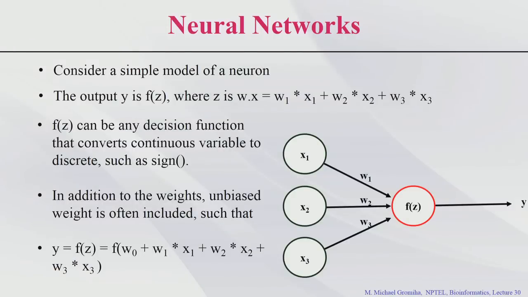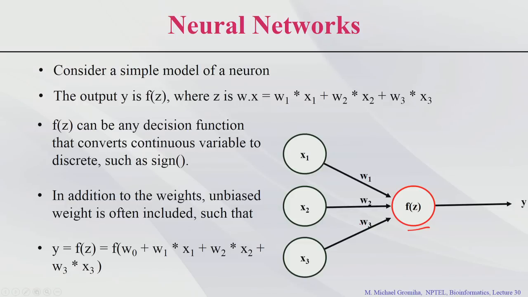Likewise, you can use this type of information in different classification problems. For example, take a simple model of a neuron, a kind of regression in 1D. The output is f of z, connected to different inputs, for example x1, x2, x3, assigned with different weights, w1, w2 and w3.